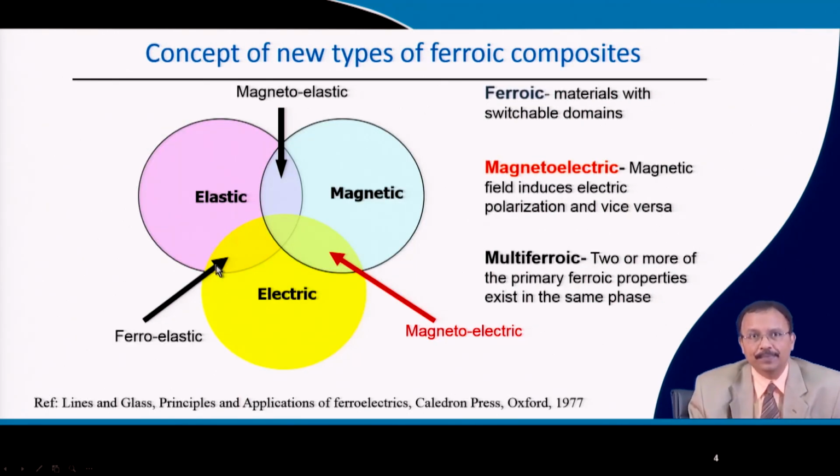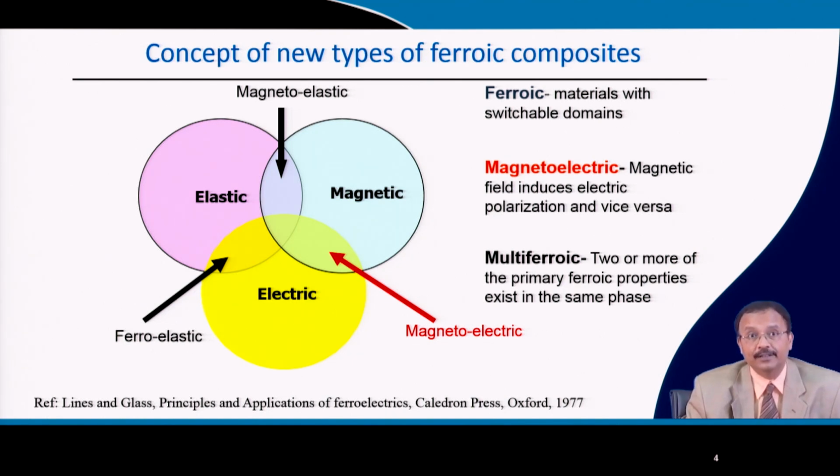So, if you see the ferroic material, it has a domain structure. Ferroic materials have a switchable domain structure. So, it could be ferroelastic in nature, where with the application of force you can switch the polarization, and all ferroelectric material, in fact, are ferroelastic also.